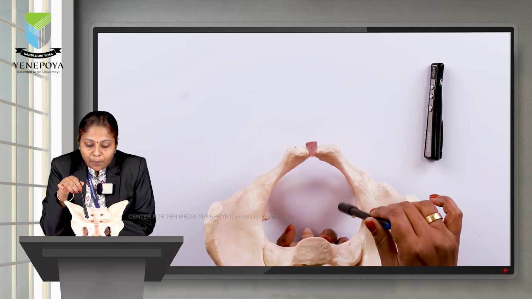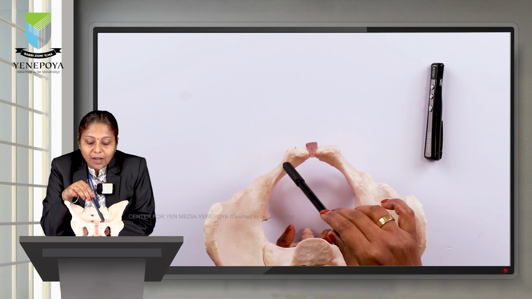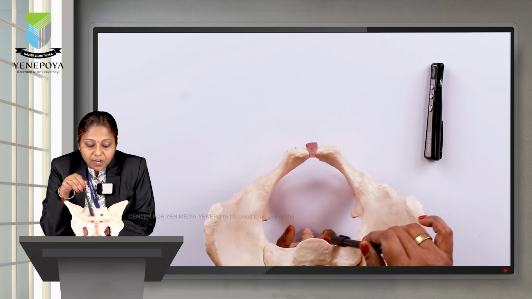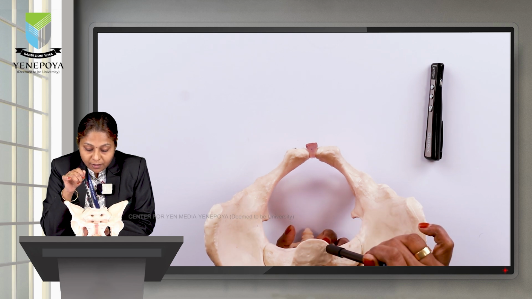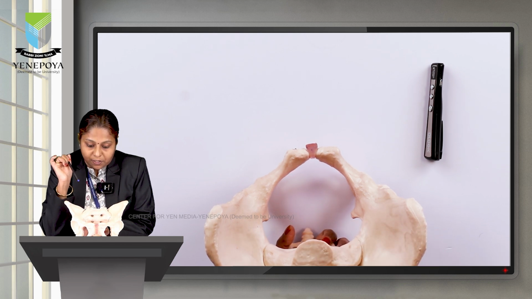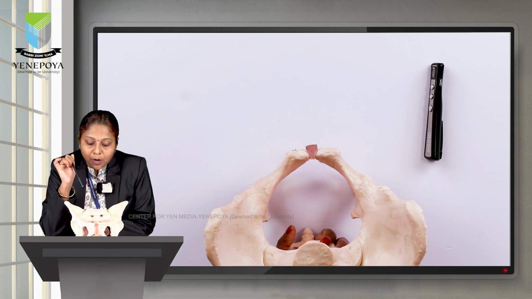We will see in detail about the pelvic brim. The pelvic brim is round in structure except at the sacral promontory, where it projects into it. We will see about the anterior, posterior and lateral borders of the pelvic brim.